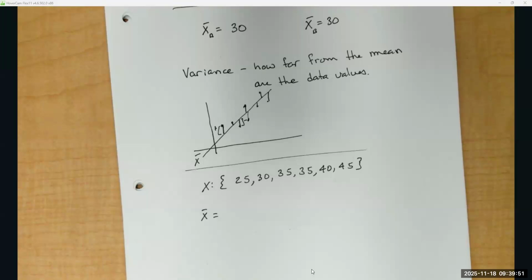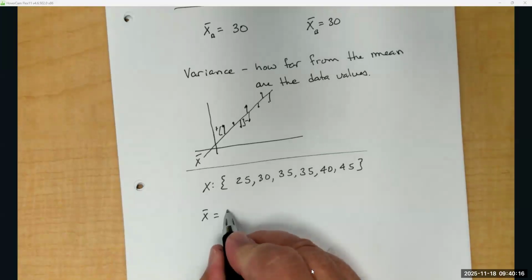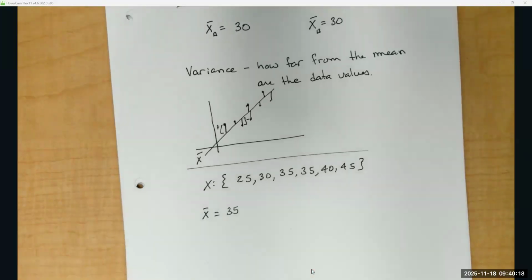You could take out your calculators and phone a friend. Average 35.